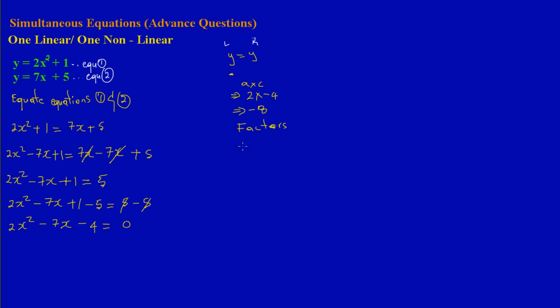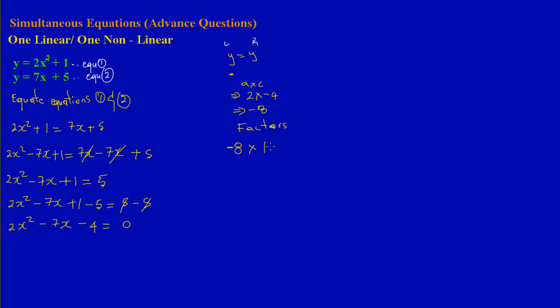By intuition, you would know that 8 times 1 gives a positive 8, so I need to change the sign on one of these. Since b is negative 7, my larger factor should carry the sign that b carries.